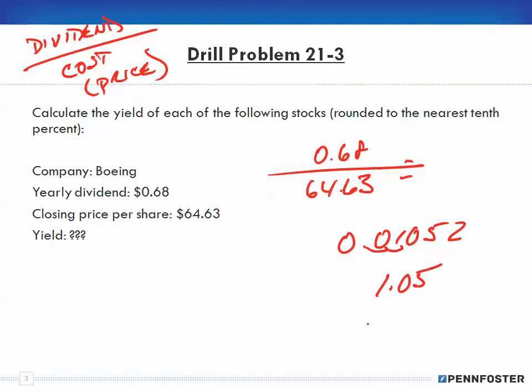Oh, sorry, 1.1, because this is the nearest tenth, not the nearest hundredth. So that's 1.1%. Dividends divided by the closing price, and then we're rounding to the nearest tenth.